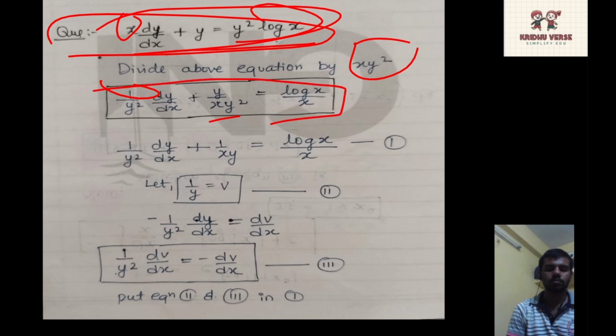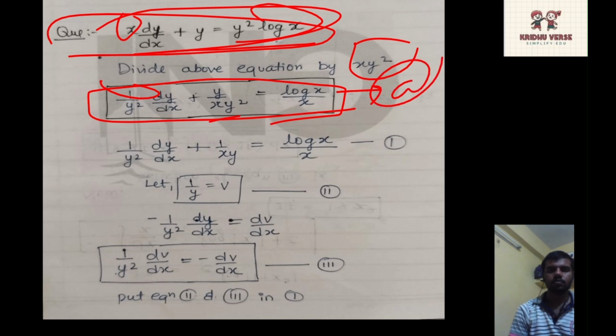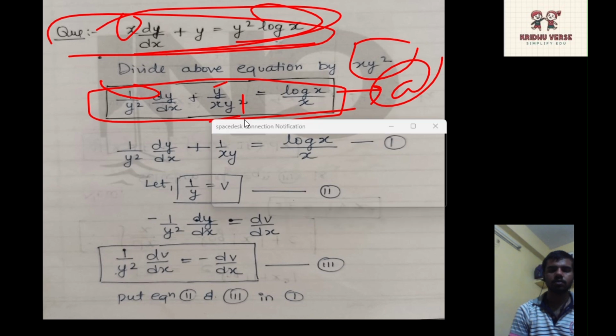This is the simple equation we get. Now 1/y^2 dy/dx plus 1/y over x, because y got cut from the square, equal to log x over x. This we take as equation number 1.